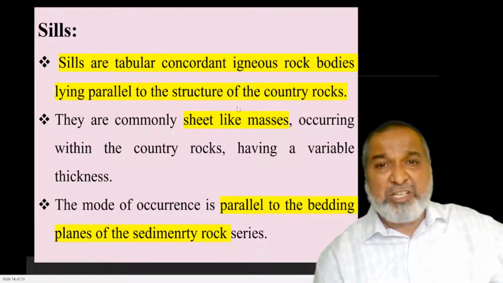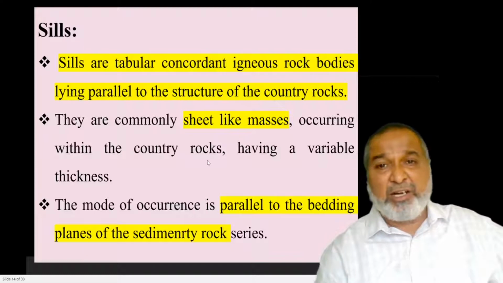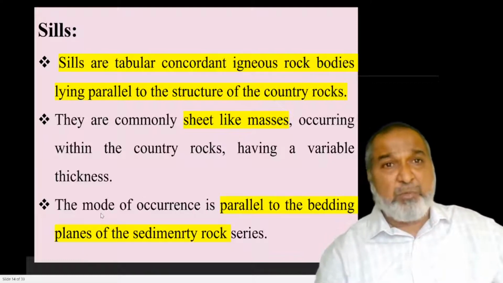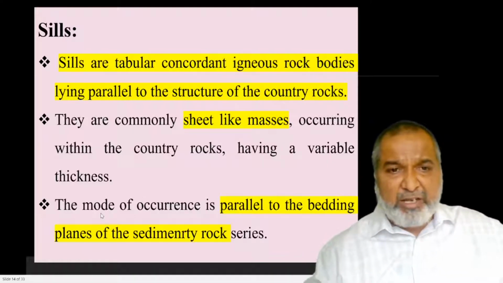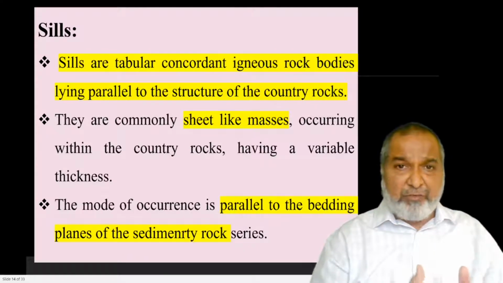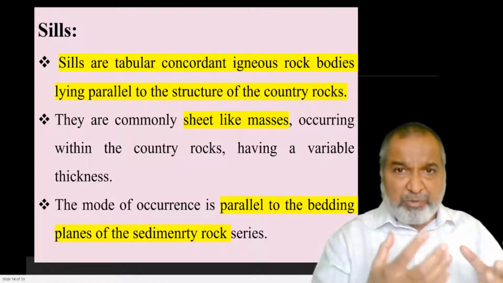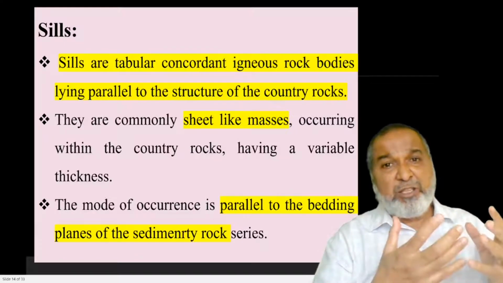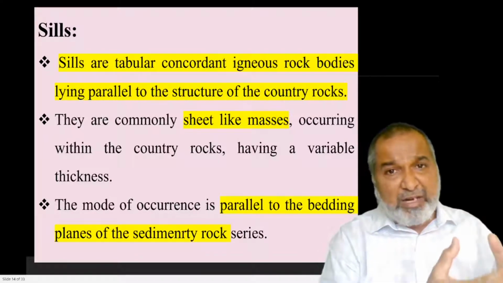They are commonly sheet-like masses occurring within the country rock, having variable thickness. The thickness varies as per the quantity of magma, the temperature and pressure conditions, and the rock composition of that sedimentary rock.